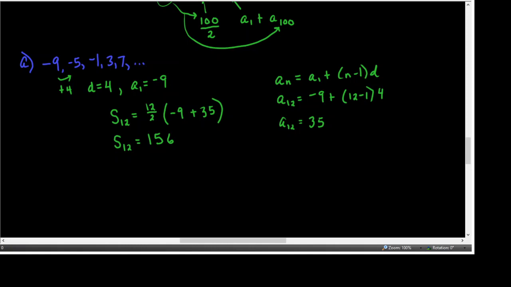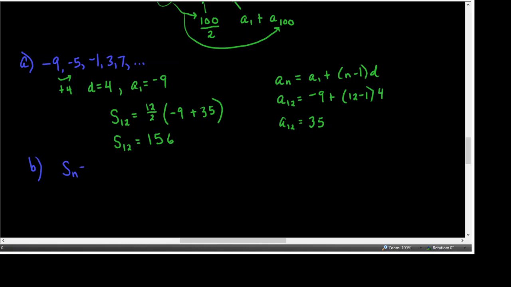Okay. Let's see. They ask us to write a formula for part B for finding any partial sum, not just specifically S sub 12. So let's see if we got that for this one.